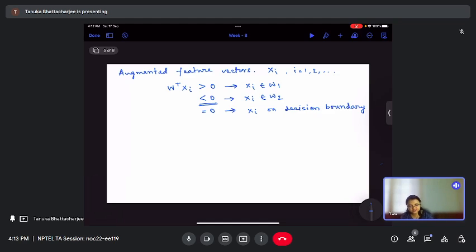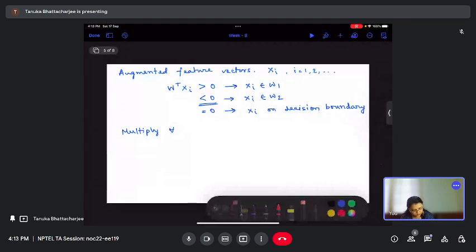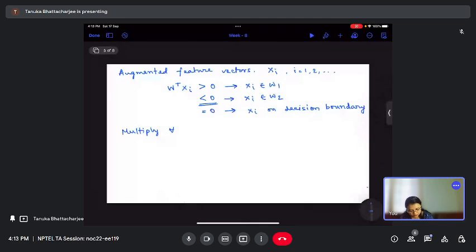So now the situation is, you multiply all xi elements of omega 2 by minus 1. By that I mean you multiply each element of the vector xi by minus 1.